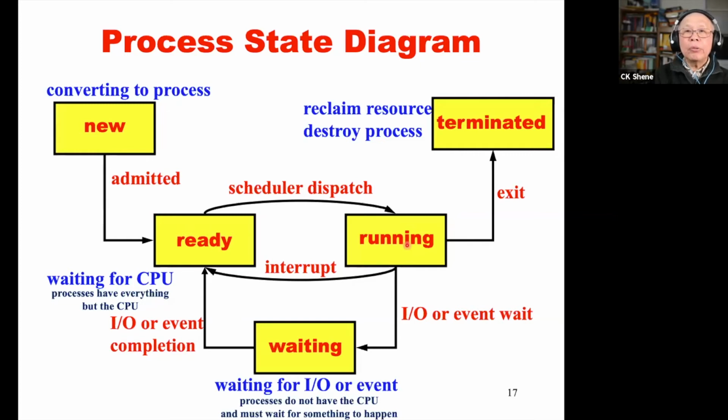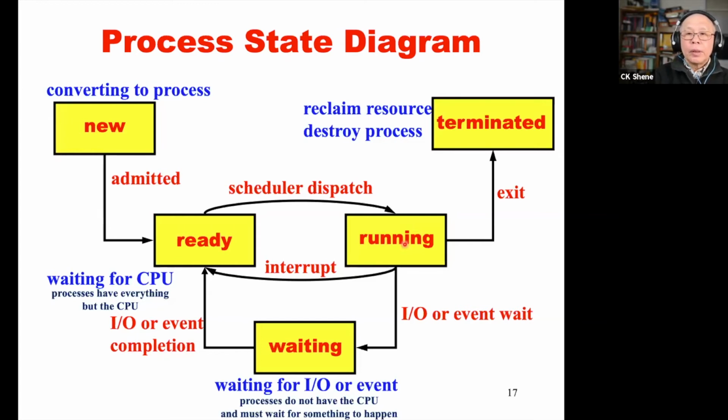When an interrupt happens, hardware will transfer the control directly back to the operating system. One of the pieces of information the kernel will receive is the program counter when the running process is suspended due to this interrupt.